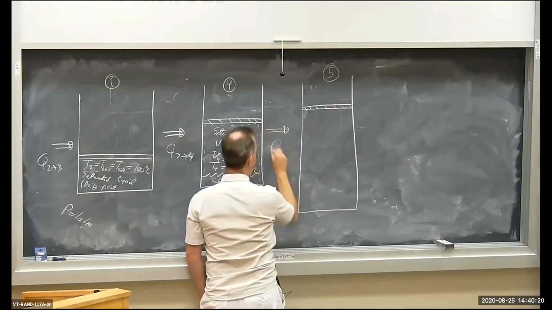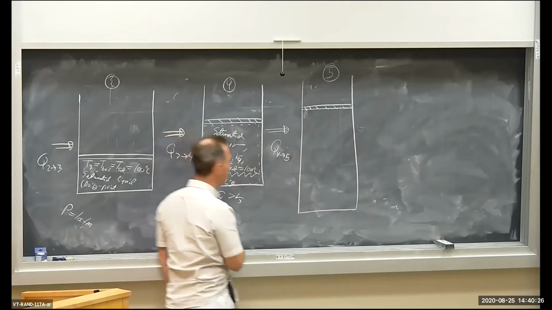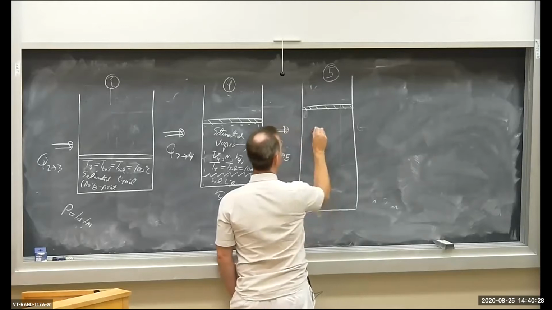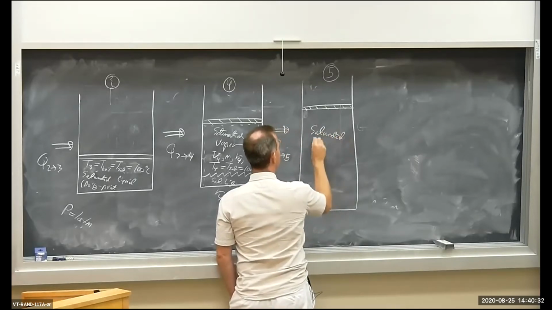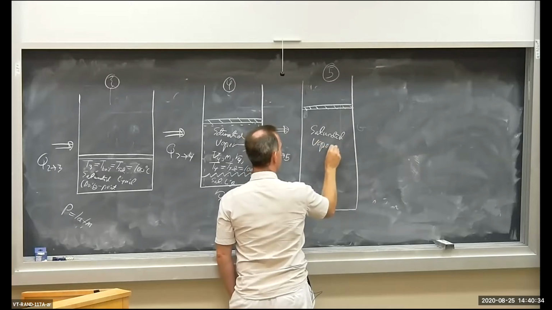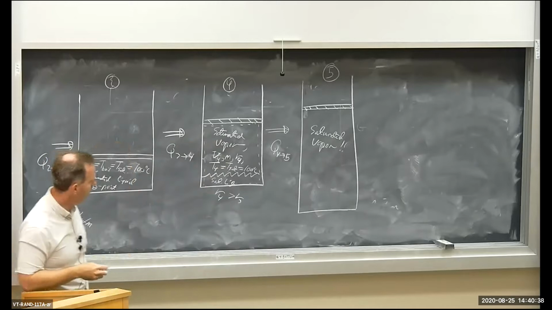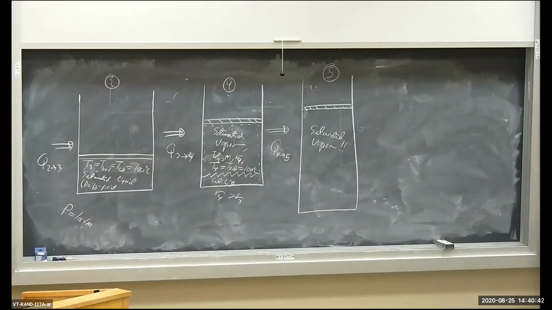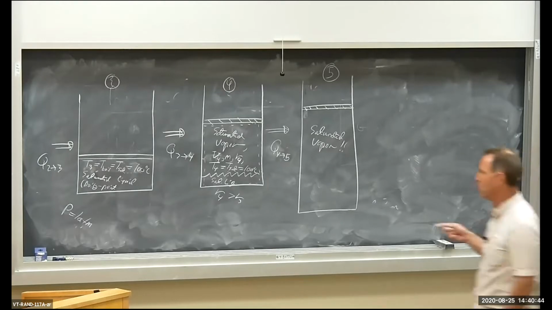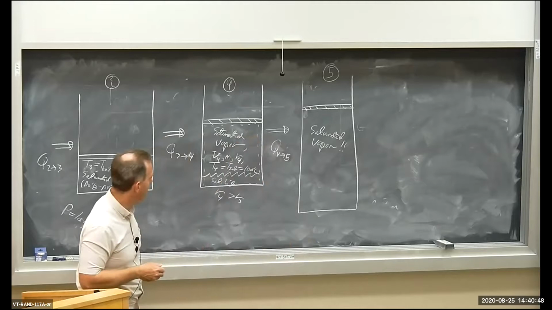So I'm going to add heat to boil away all the remaining saturated liquid, and then I simply have saturated vapor. No liquid. So I added just enough heat and no more to boil away the last drop of saturated liquid in my container.